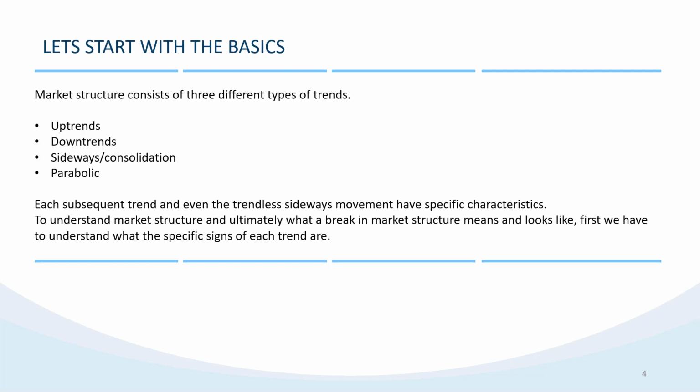Then we've got the parabolic. Each subsequent trend and even the trendless sideways movement have specific characteristics. To understand market structure and ultimately what a break in market structure means and looks like, first we have to understand what the specific signs of each trend are.